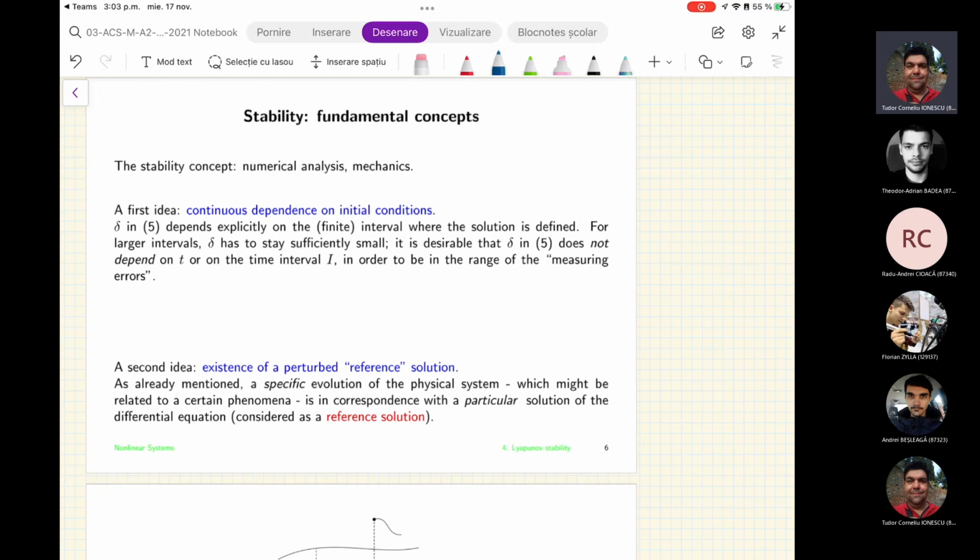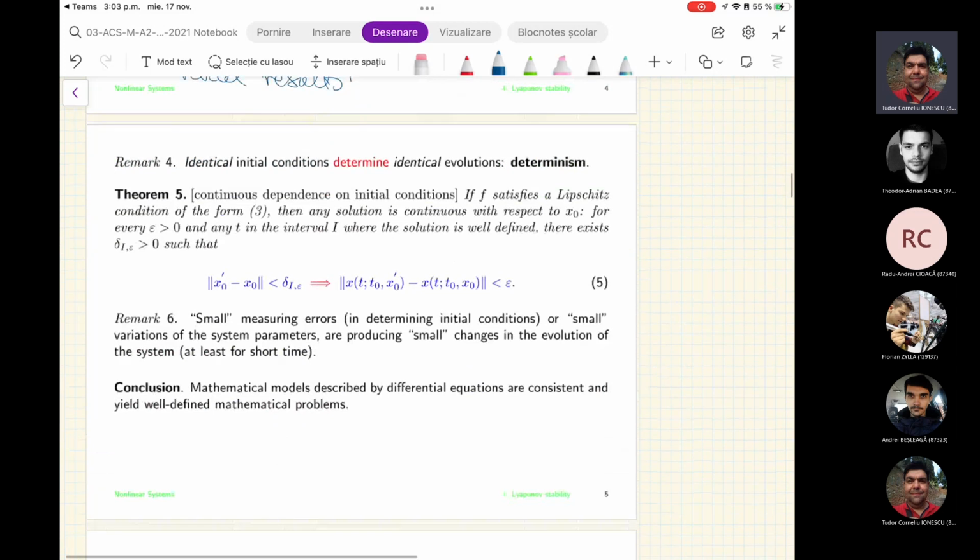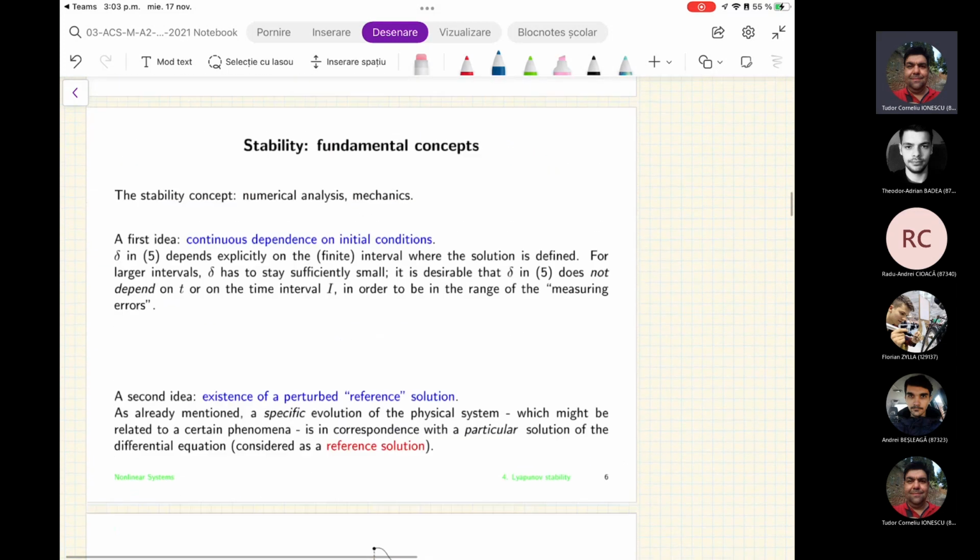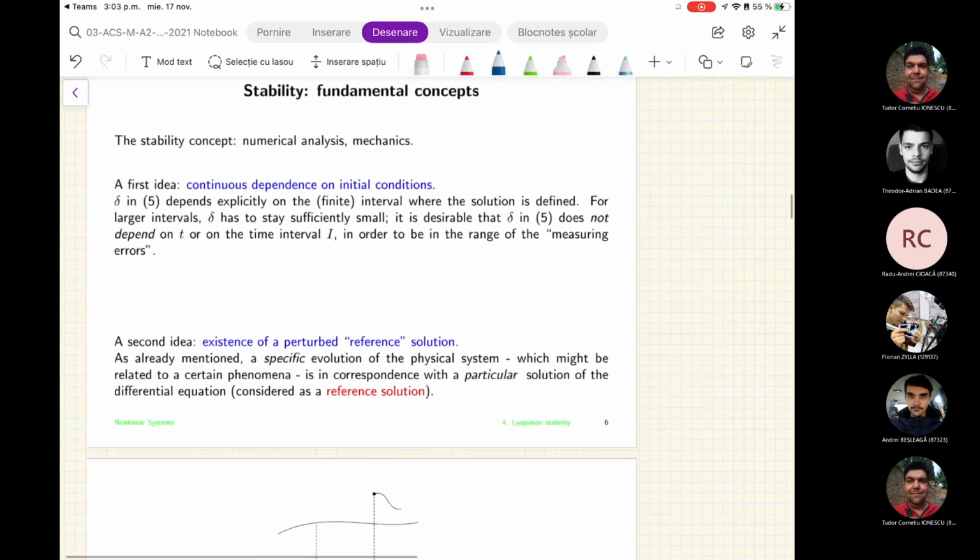The first idea: how to define stability, or how engineers have the perception about stability. It's based on what we have defined as the continuous dependence on initial condition, okay? So delta in 5, this guy here, explicitly depends on the finite interval where the solution is defined.